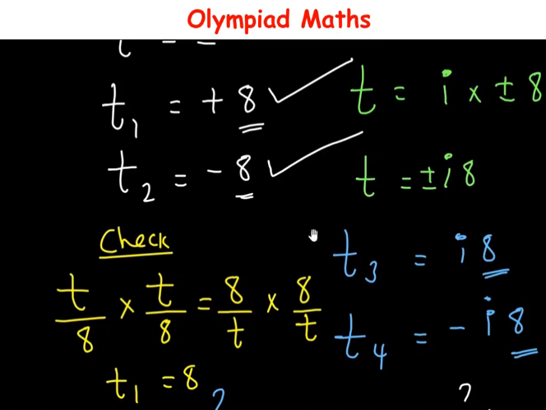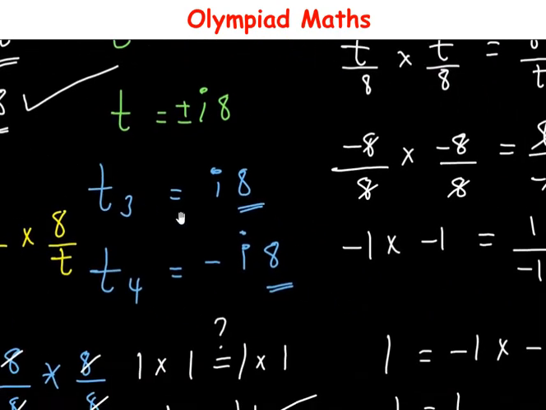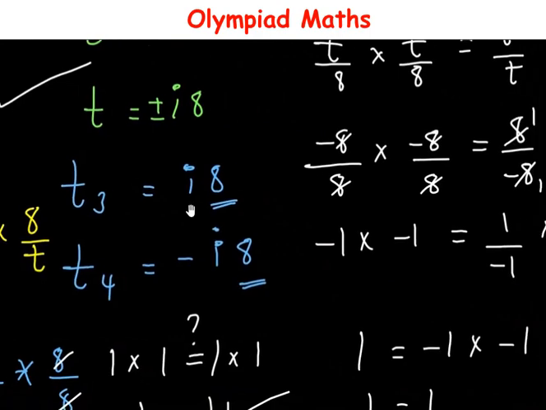Good. The next one is to check the third solution of T, which equals i times 8. So let us check that out.